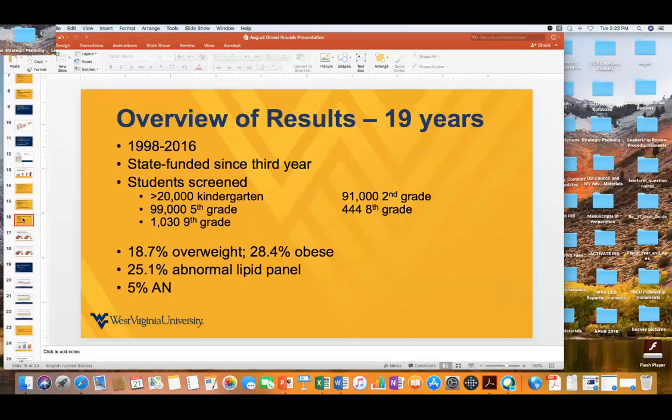In terms of having any abnormal lipid, so whether it was HDL, LDL, any of that, insulin, glucose, a quarter of our kids had some abnormal lipid. That was amazing and worrisome, but amazing. And then for the AN marker, 5% of our kids had AN.